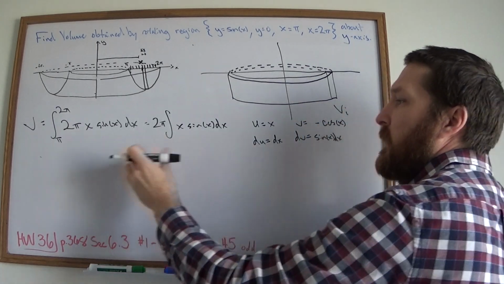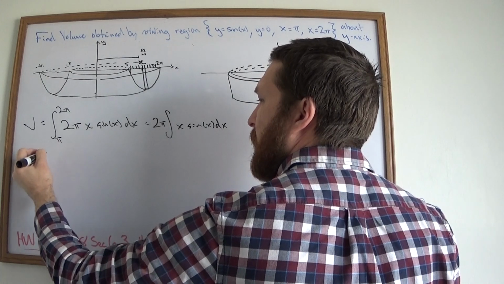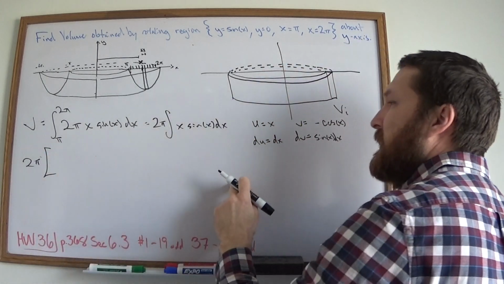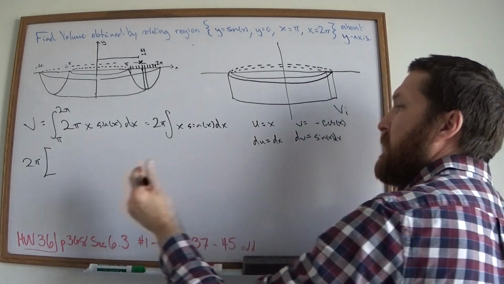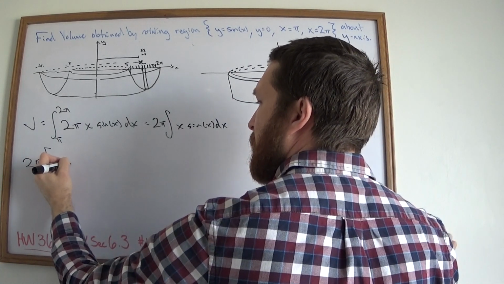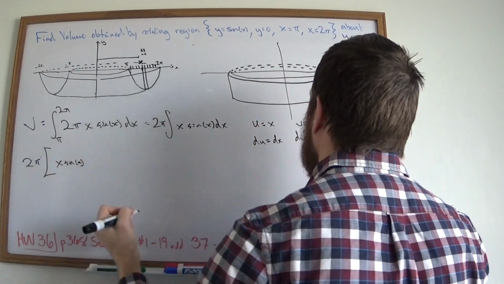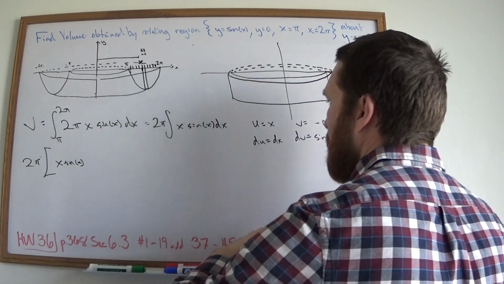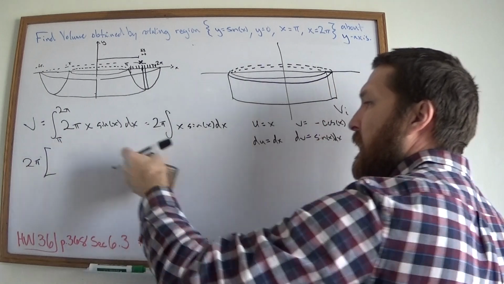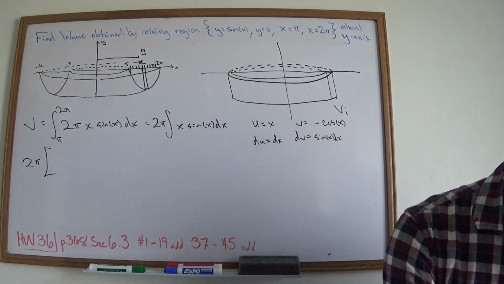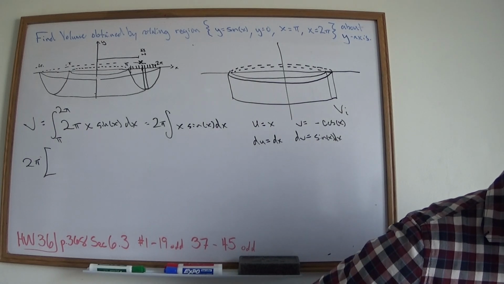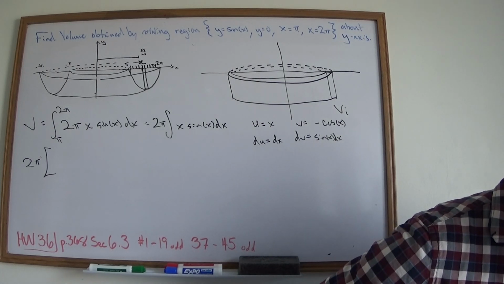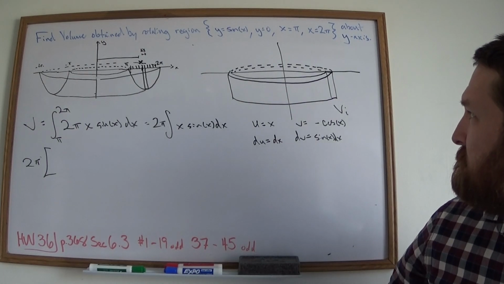Okay, so I have 2 pi times uv minus the integral of v du. uv is negative x cosine x. Did I do my integration by parts wrong? No, I did it right.